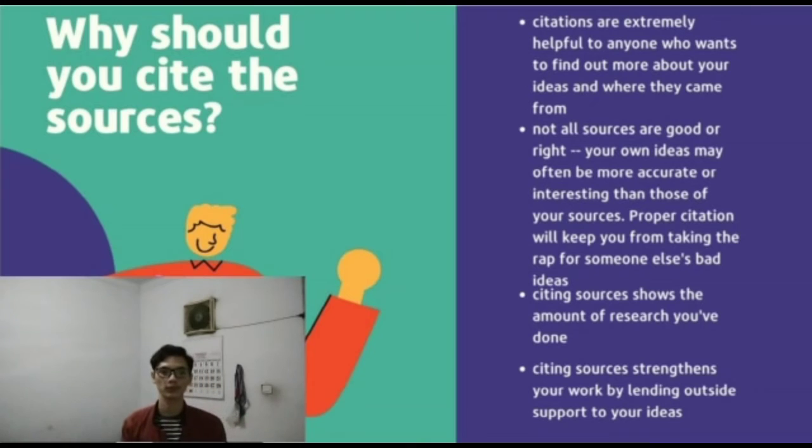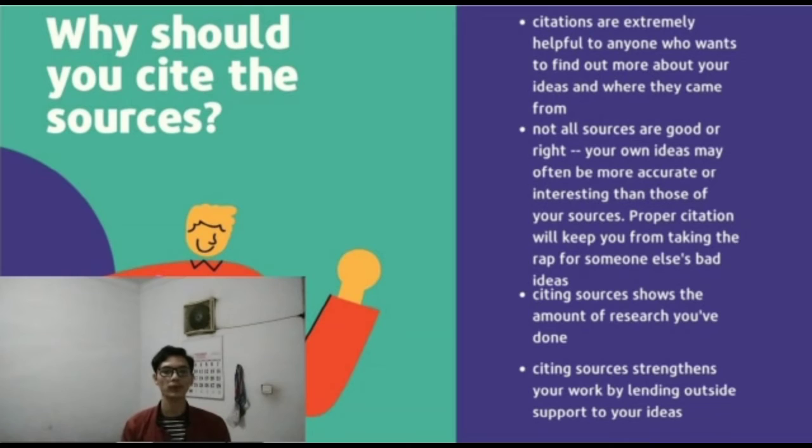Why should you cite the source? The first is, citations are extremely helpful to anyone who wants to find out more about your ideas and where they came from. Number 2 is, not all sources are good or right. Your own ideas might often be more accurate or interesting than those of your source.